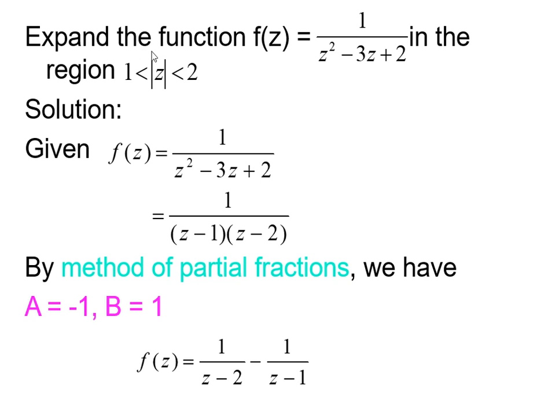The smaller circle is mod z less than 1, the bigger circle is mod z less than 2. So this is between the radius 1 and 2. This is often called a region of convergence.